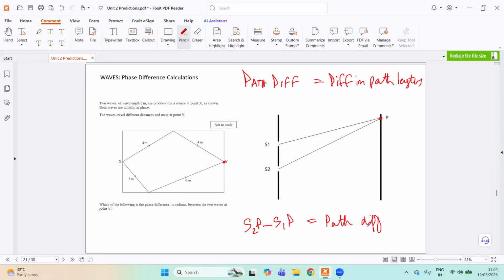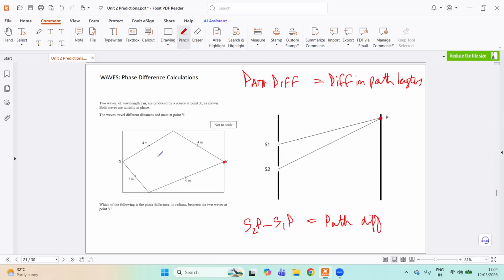But wait, this will not tell you whether the waves superpose constructively or destructively. If the path difference is a whole number of wavelengths, then constructive superposition, then it's a maximum. And if the path difference is an odd number of half wavelengths, then destructive superposition, and this point would be a minimum.